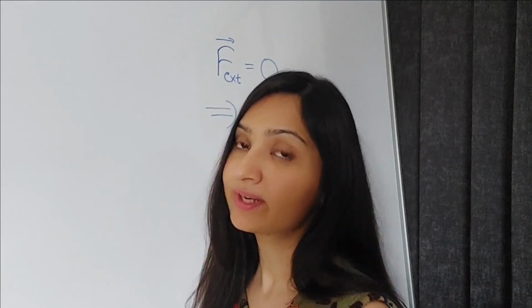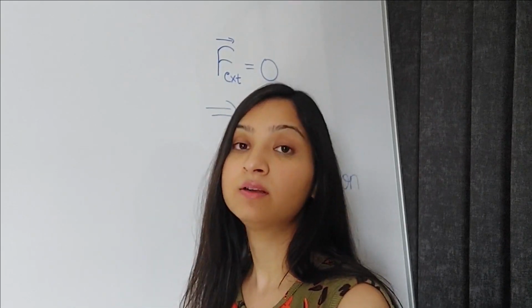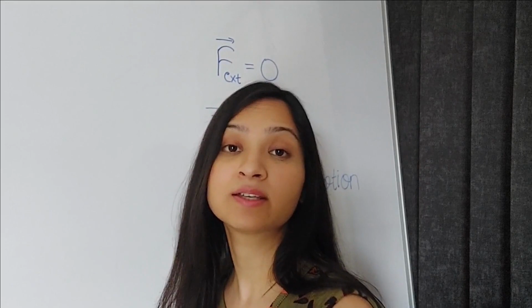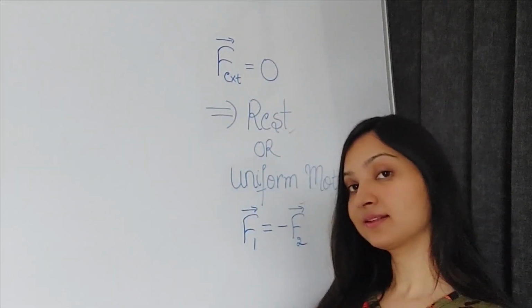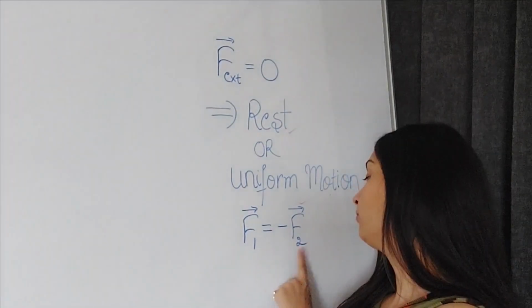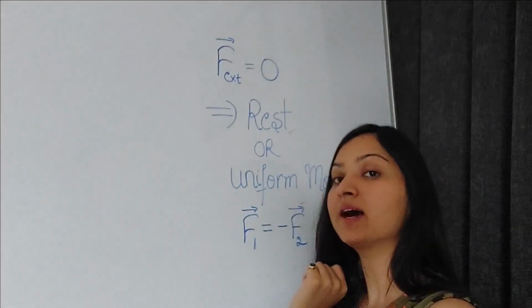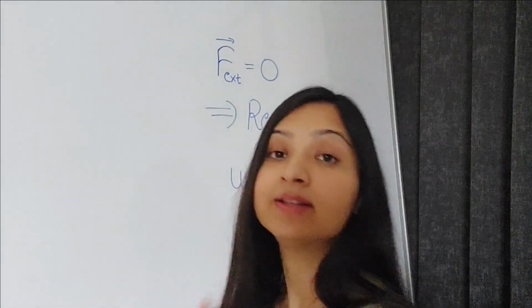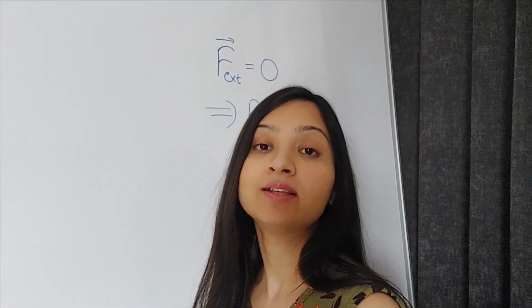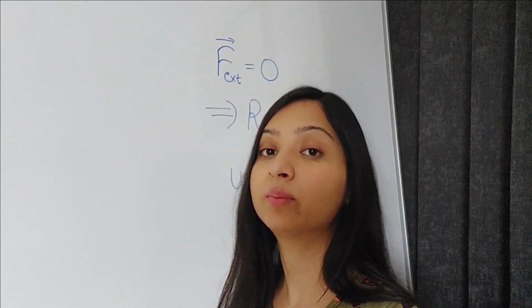You know, force is a vector, so the condition of equilibrium of a particle on which two forces are acting is this. The two forces are equal in magnitude but opposite in direction. If this condition is satisfied, then we say that under the action of two forces, the particle is in equilibrium.